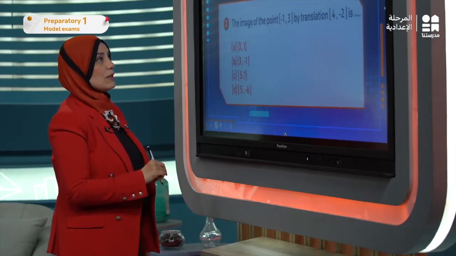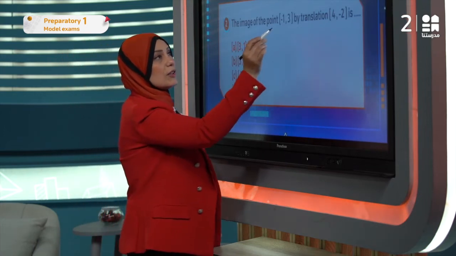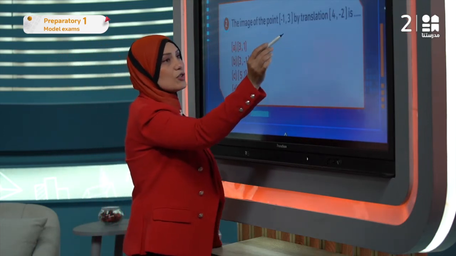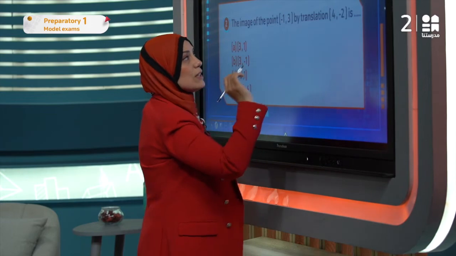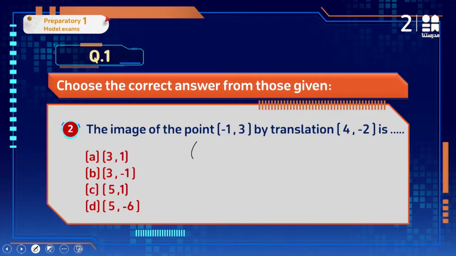Number 2, the image of point (-1, 3) by translation (4, -2) is what? For any x and y, if I give you a translation, I need to change x and y to be x plus 4, because 4 here is positive, and y will be y minus 2 because of -2.